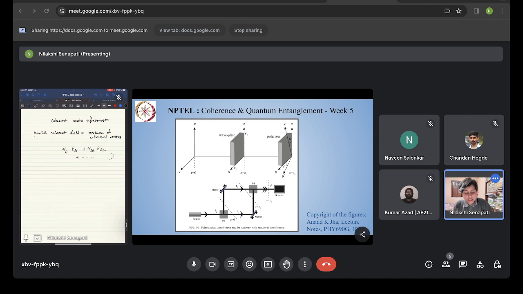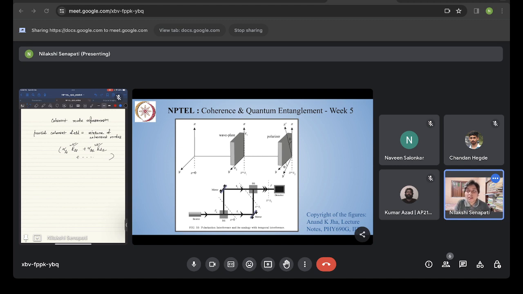These are explicitly coherent modes, and the incoherent mixture of them, the summation, gives a partially coherent field, and that representation is called the coherent mode representation of an optical field. I just gave you the example of an orbital angular momentum field, but you can do this for any basis.